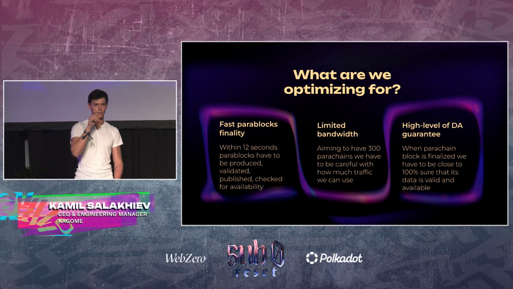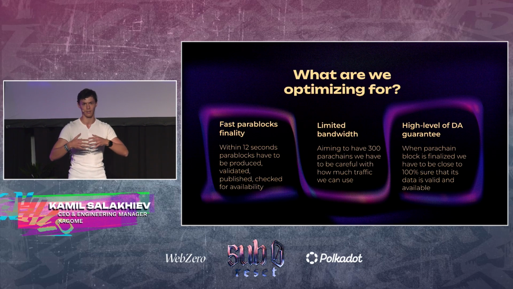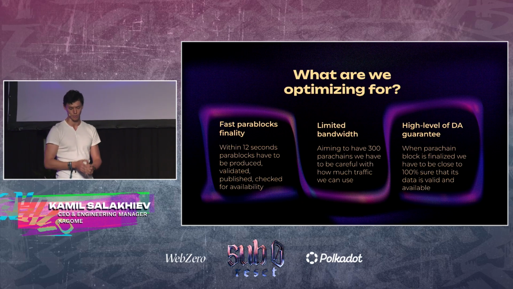It should be submitted to our relay chain and validated there. Then the data for this block should be published. Then we run additional procedures, again checking that the data is valid and that we can perform the state transition. Sometimes we even escalate disputes in case someone doubts that the data is indeed available and that we can execute the parachain block correctly.